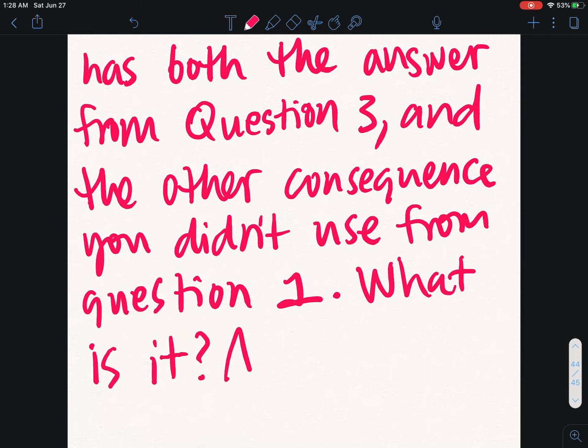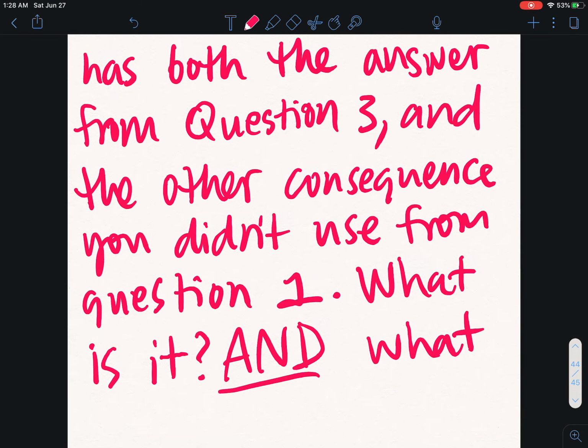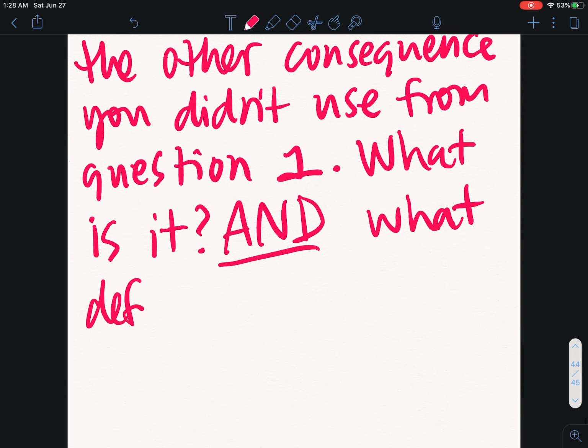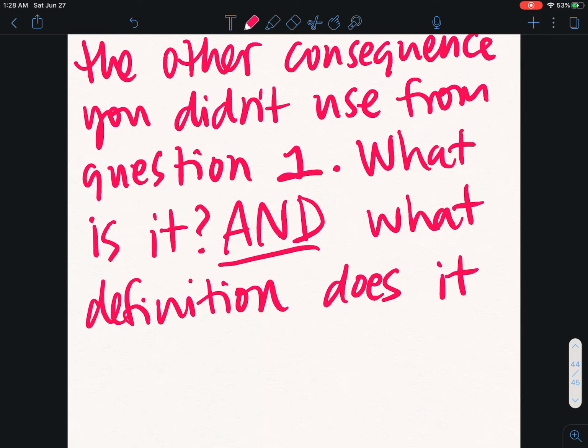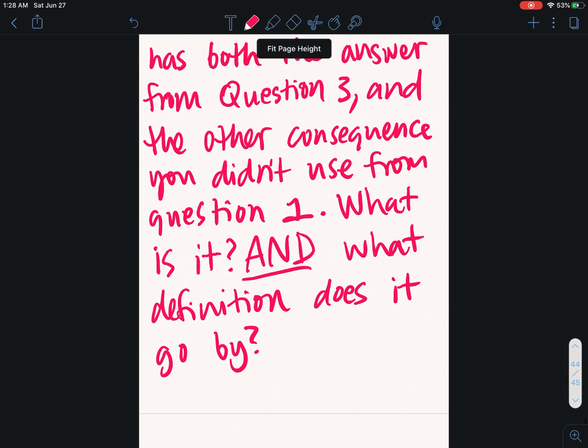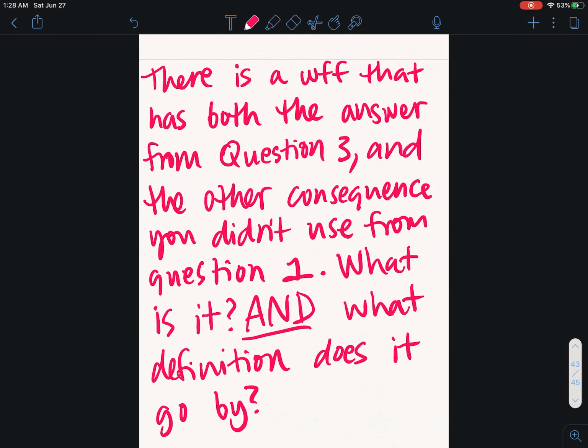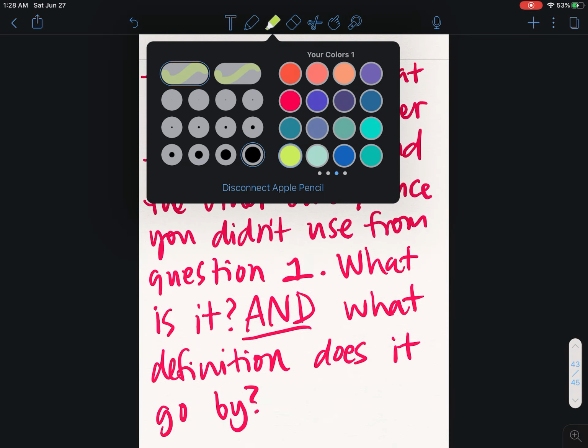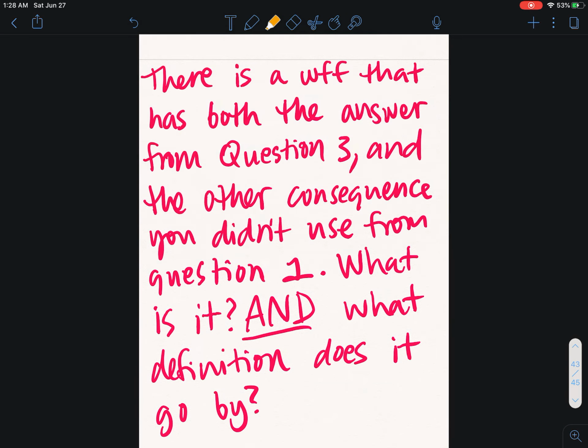What is it? And what definition does it go by? So does that make sense? This is exactly what question 4 is asking. Okay, this is exactly what it's asking. I'm fully confident in that. Probably.